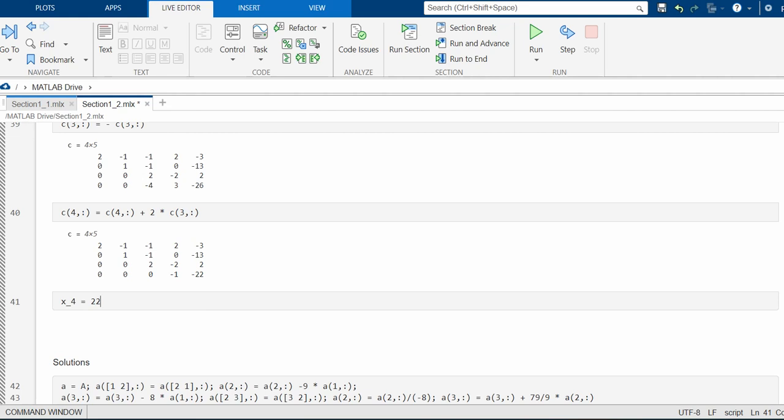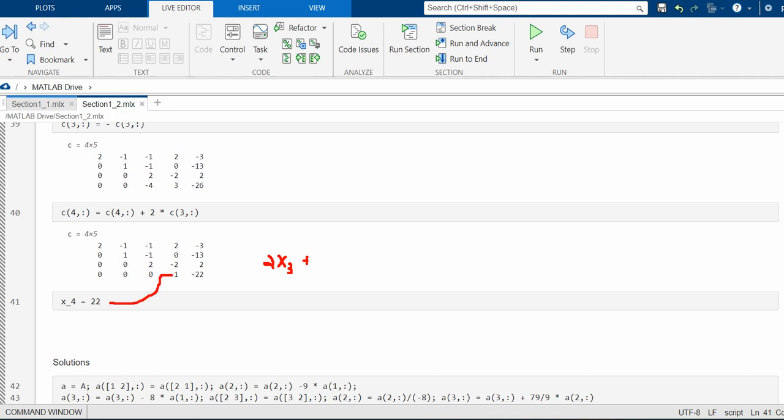If negative x equals negative 22, then x equals 22. So the fourth variable, x sub 4, is equal to 22. But now I know, what does this equation say? This equation says that 2 times x sub 3 plus, well then I can substitute in.